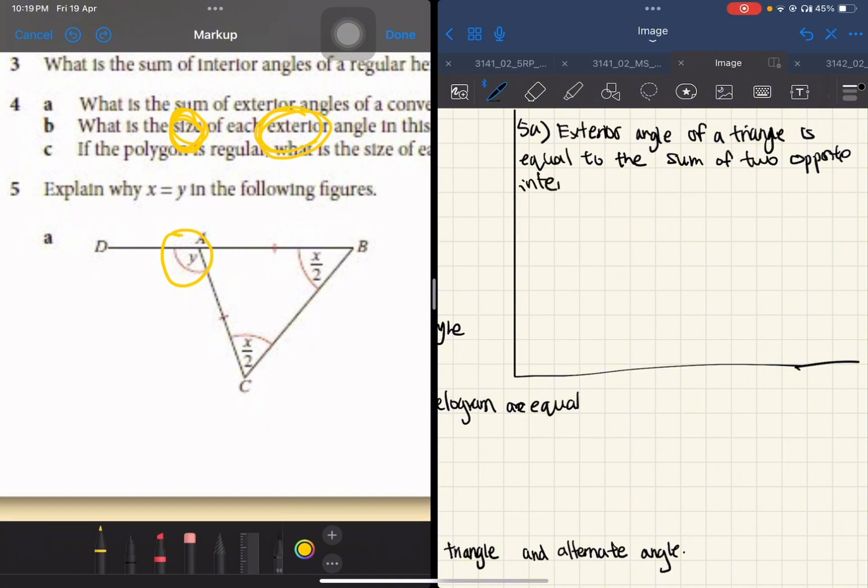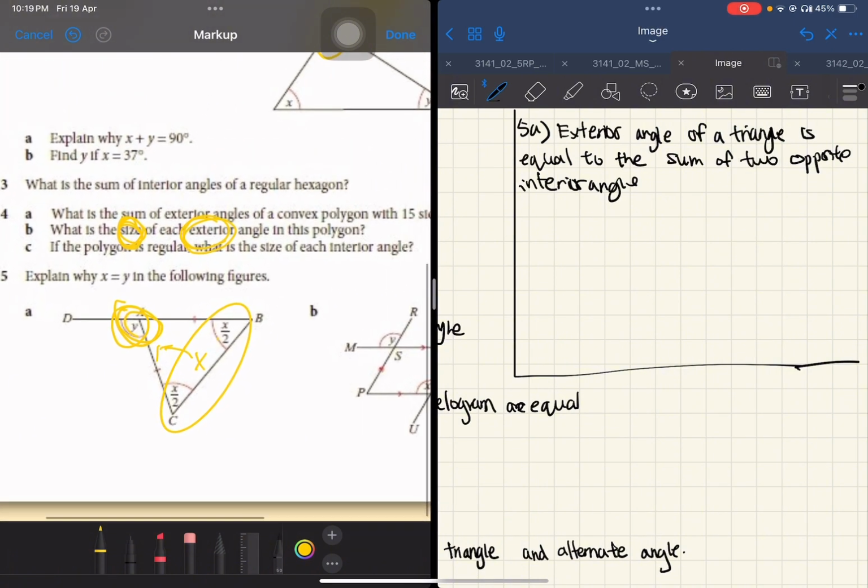So let me just finish writing. The exterior angle of a triangle is equal to the sum of the two opposite interior angles. So plus negative y. Okay? Let's move on to 5b.